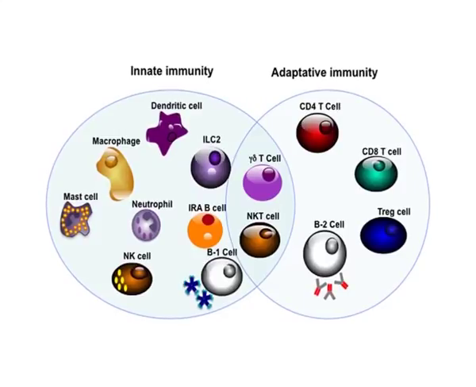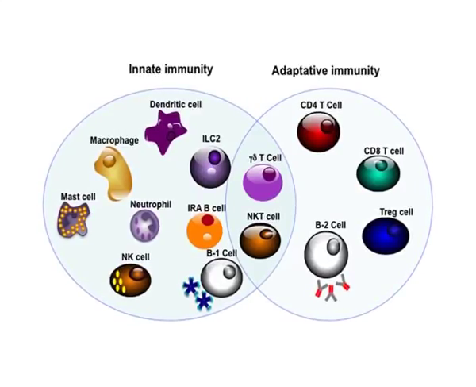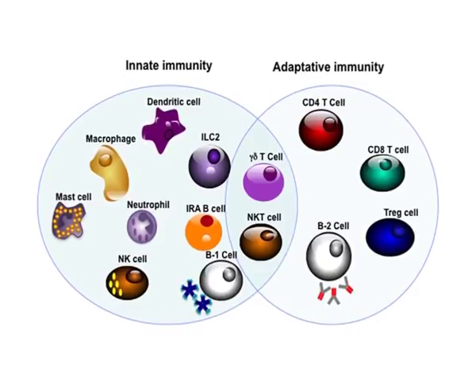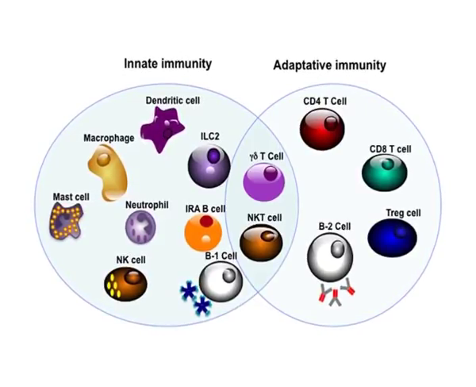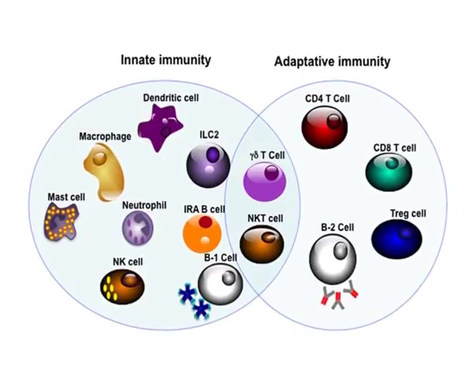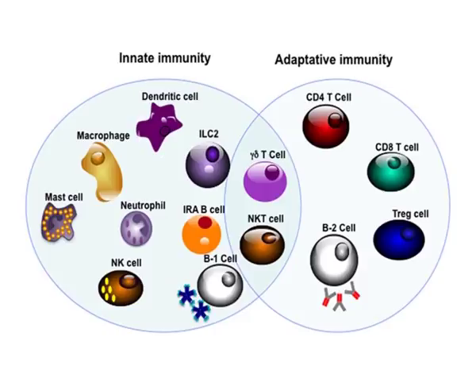Both systems work in close cooperation and, to an important extent, the adaptive immune system relies upon the innate immune system to alert it to potential targets and shape its response to them.